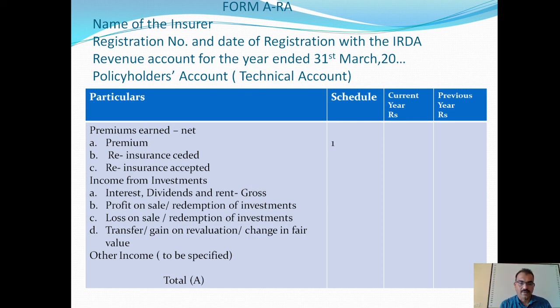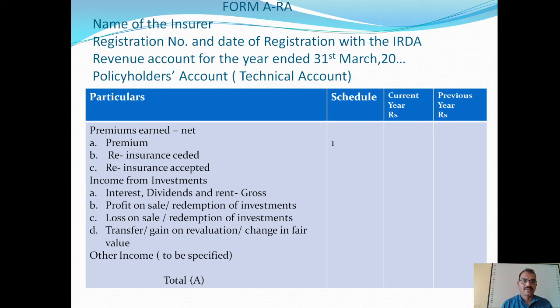Next one is income from investments. Under this head, the first item is interest, dividend and rent received; the gross amount will be shown. Second item, profit on sale or profit on redemption of investments, the profit received at the time of sale or redemption. Next item, loss on sale or loss on redemption of investments.